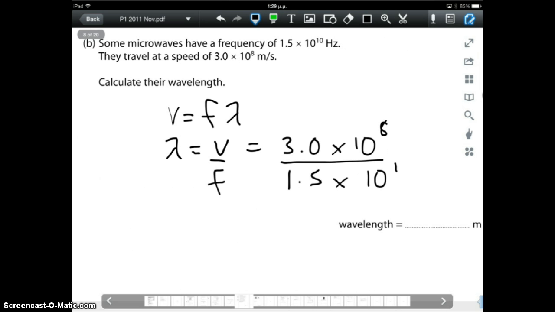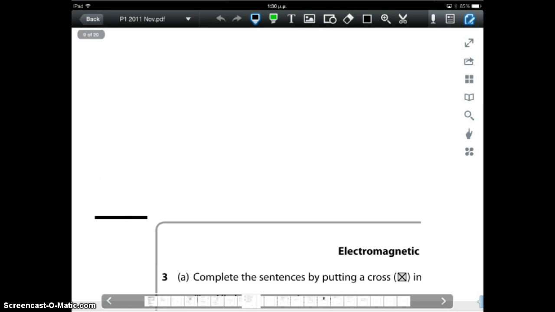Well, 3 divided by 1.5 is 2, and then 10 to the 8 divided by 10 to the 10 is 10 to the 8 minus 10, 10 to the minus 2. So we have 0.02 meters.